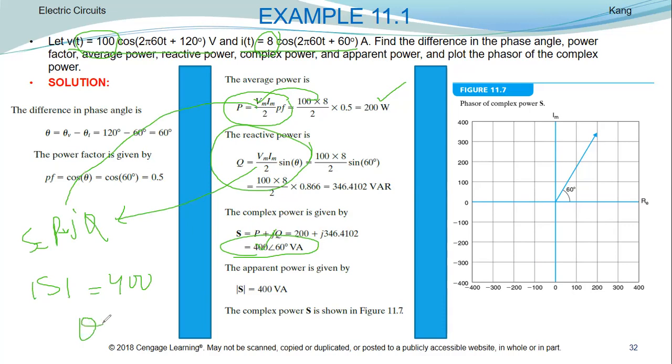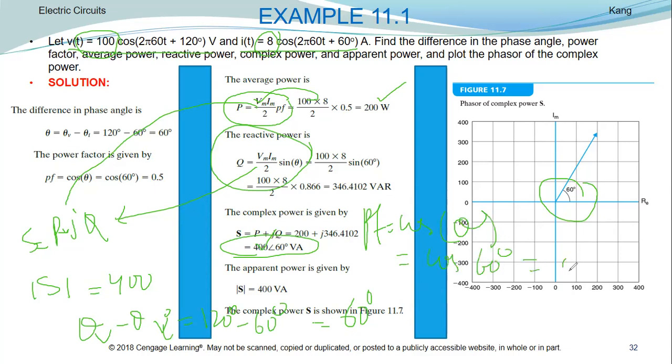Again, we have to find the value of theta V minus theta I. So it will be 120 degree minus 60 degree, where the 60 degree is indicated here. So this will be equal to 60 degree, and the value of power factor will be cos of theta, which equals cos of 60 degree, which equals 0.5.